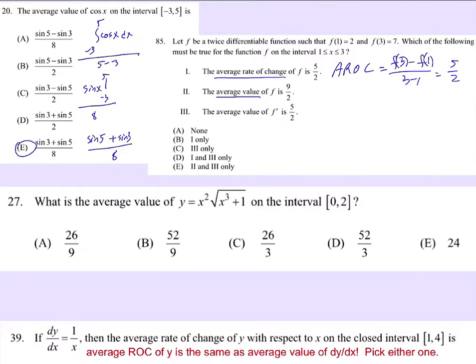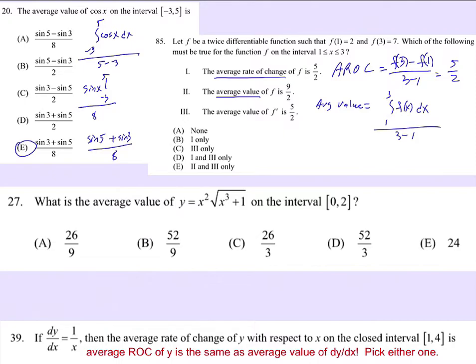That is very, very different from the average value. The average value of f, which is the definite integral from negative 3 to 5. I'm sorry, those were the numbers from the last example. In this case, it's the definite integral from 1 to 3 of f of x dx divided by 3 minus 1. Now, unfortunately, I have no idea what the definite integral from 1 to 3 of f of x dx is because I don't know anything about the antiderivative of f.